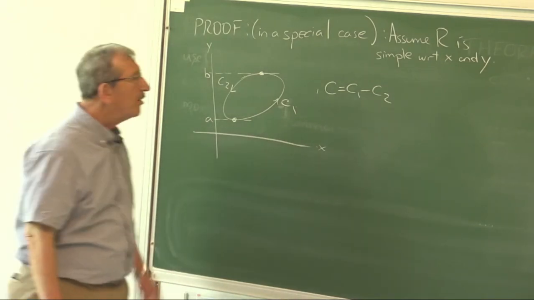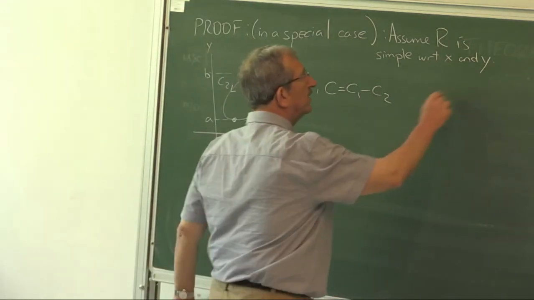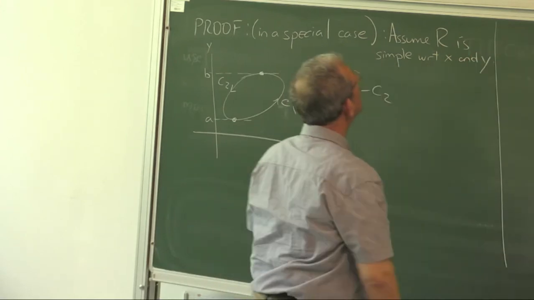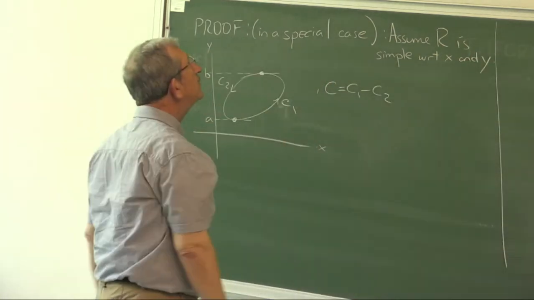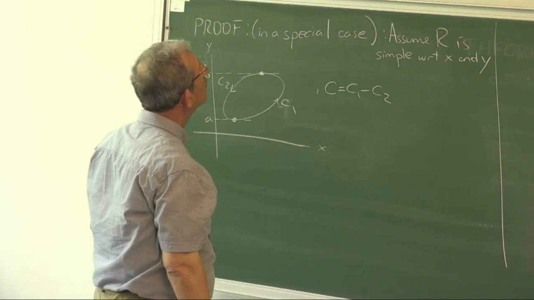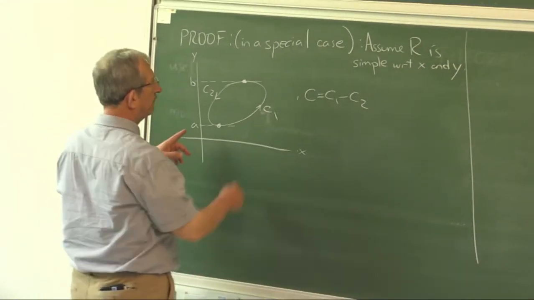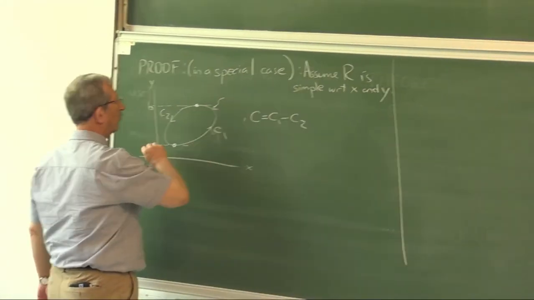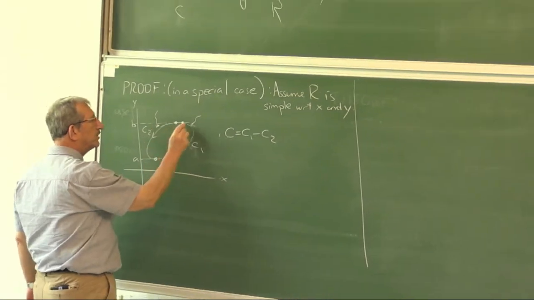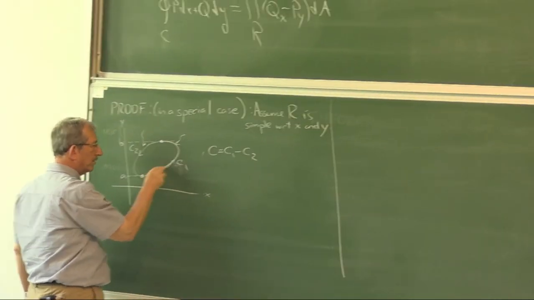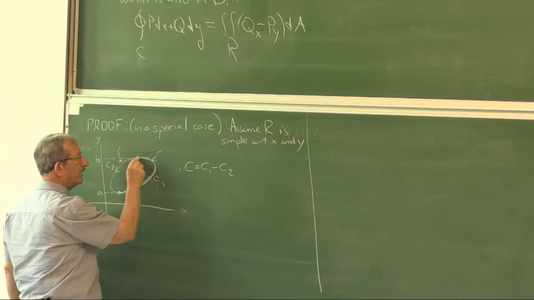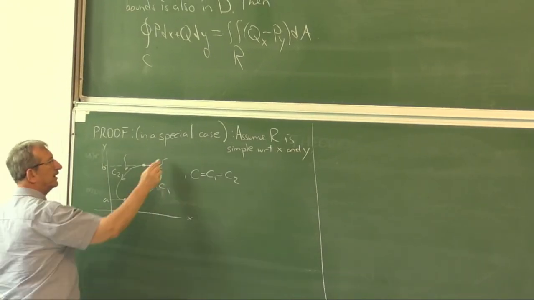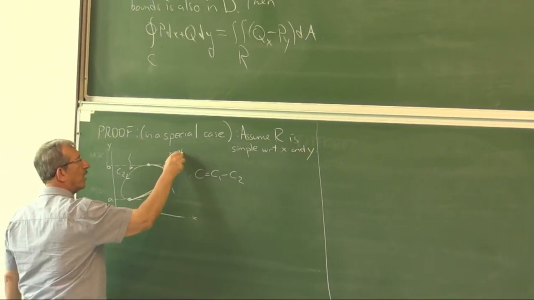Now, let us take the part. Well, maybe I should also give some more notation here. Now, this curve, because it's a simple region, is x equal to g of y.